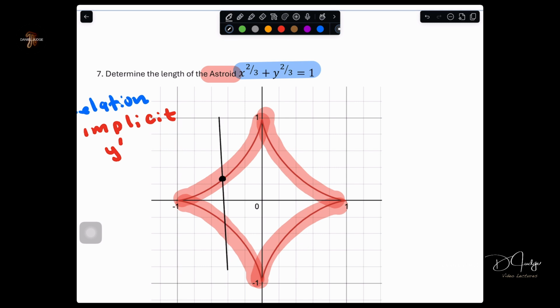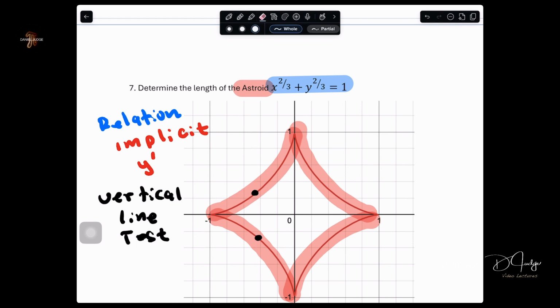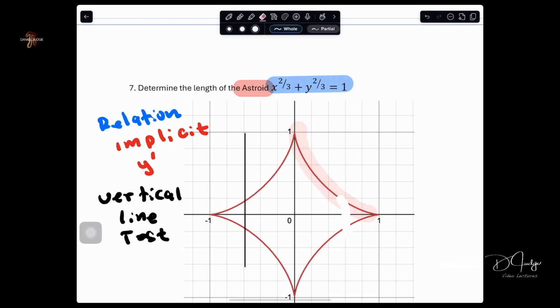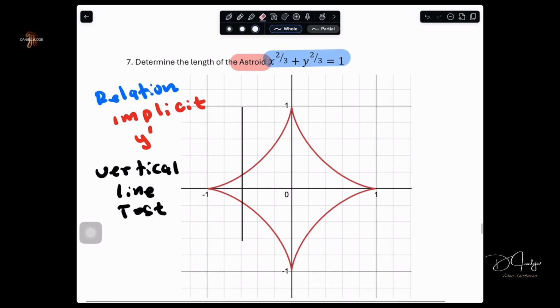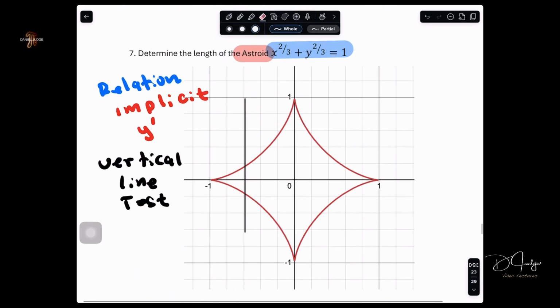That vertical line test makes this a relation. And let's actually draw a nice vertical line. And that's the distance in red along that curve here. So we have to use implicit differentiation, vertical line test, and distance is 6, I guess. Okay.